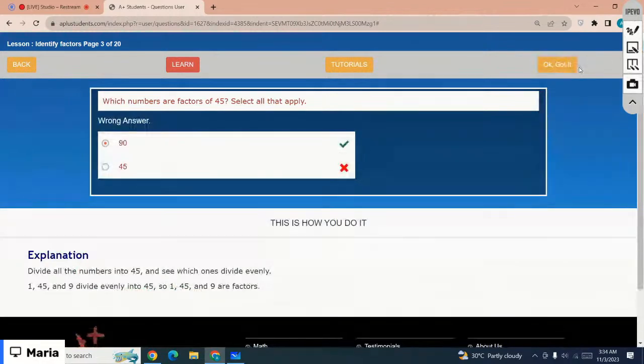Oh, yes, 90 is also related because 90 is evenly divided by 45. 45 times 2 is 90, right? So 45 is a factor of 90, because 45 times 2 is 90. Got it?